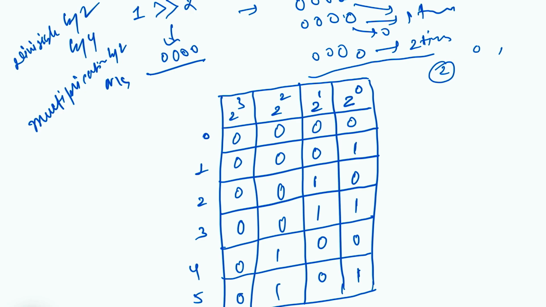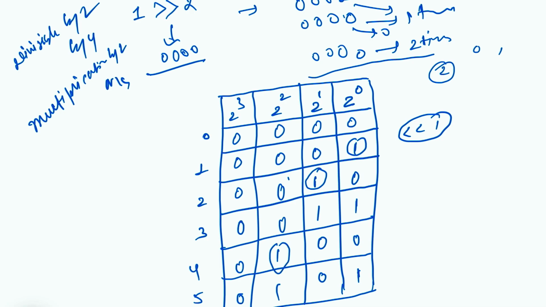See, if you left shift 1 by 1 time, then what happens? It becomes 2. If you shift 2 by 1 time, this one will come here, and the result will become 4.